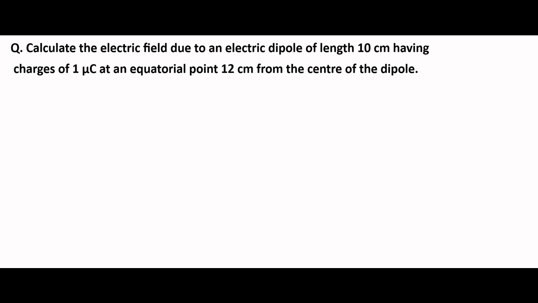So here we have an electric dipole of charge minus 1 microcoulomb and plus 1 microcoulomb on the two extreme ends. The length of the dipole is 2a equals 10 centimeters.